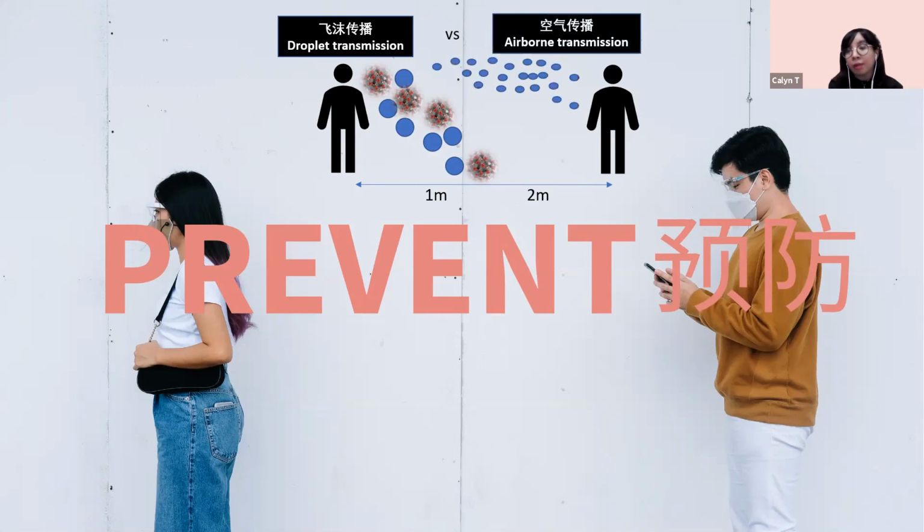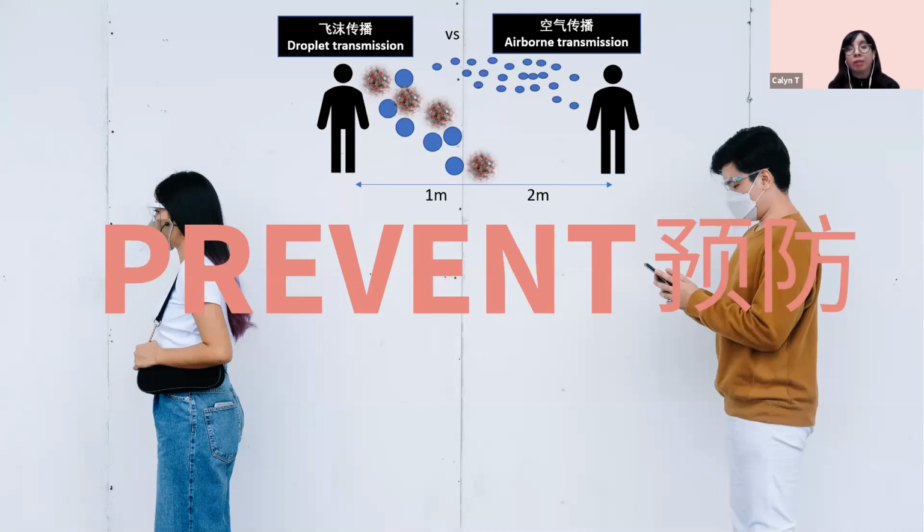But when you're talking about airborne transmission, it can linger in the air, so you can get it from further than 1 or 2 meters, or when you are in a very confined environment. Usually airborne is like your TB, tuberculosis.